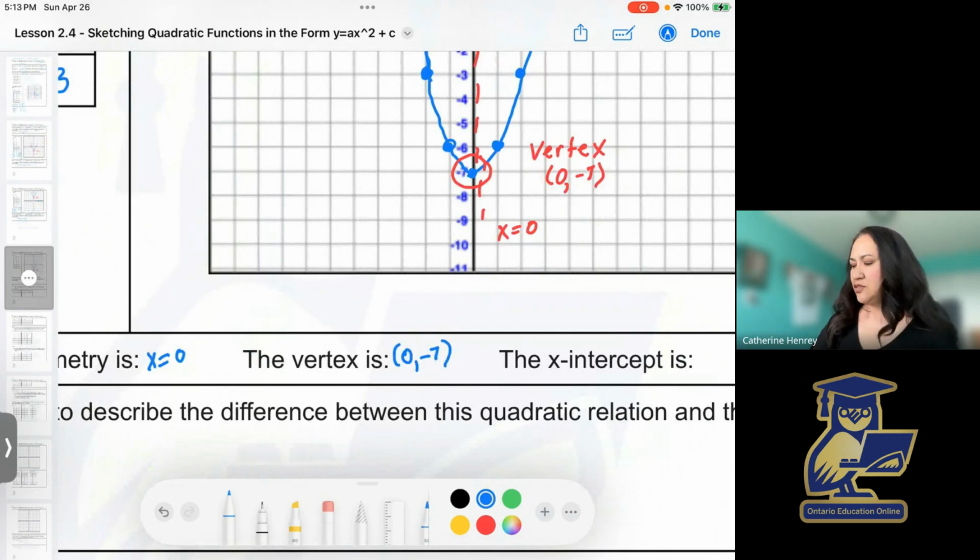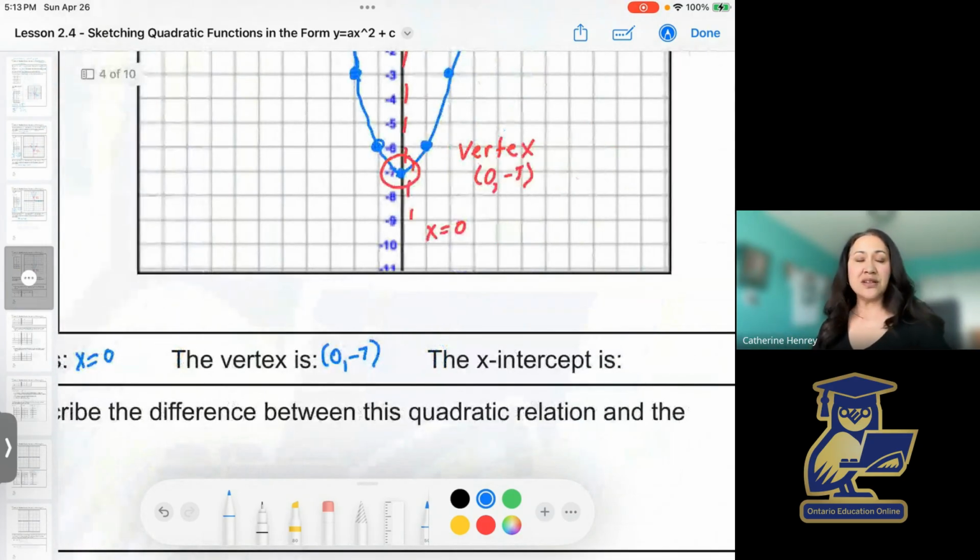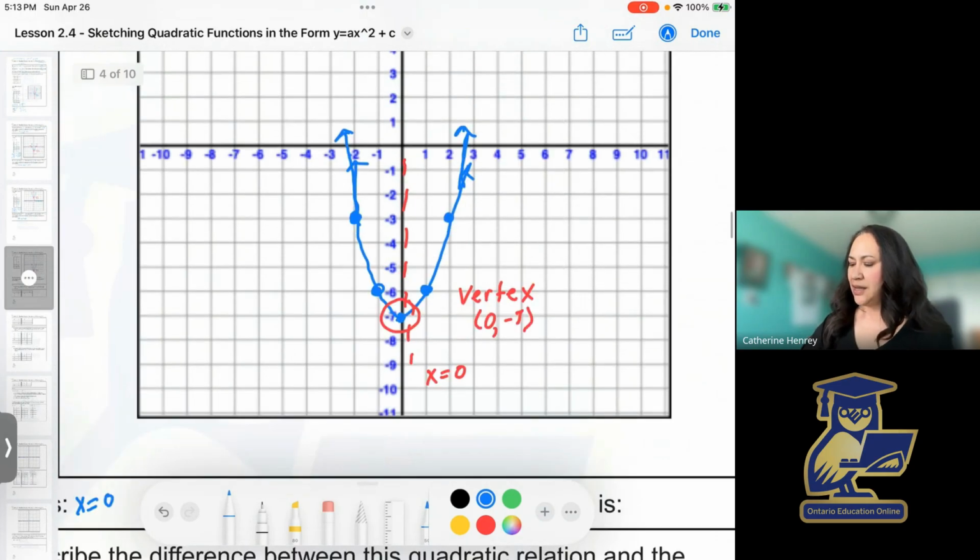Now the x-intercepts, if you were to do this on something like Desmos, it'd be very accurate because I'm drawing it by hand. It looks a little off, but let's go take a look. They look like they're about -2.5 and maybe +2.5.